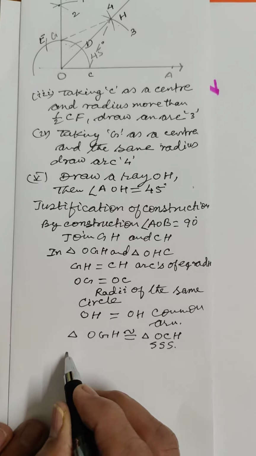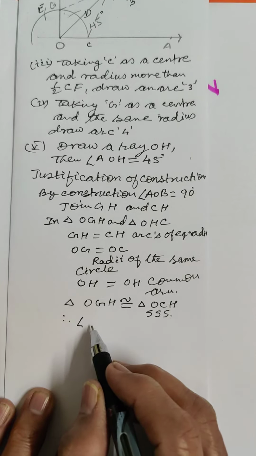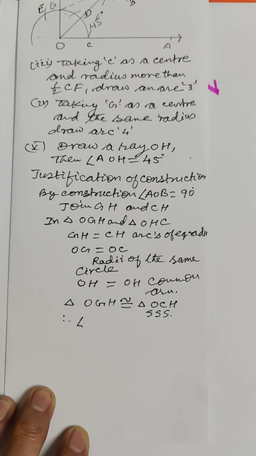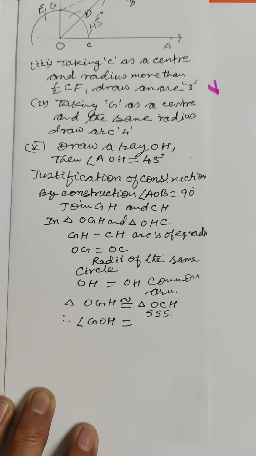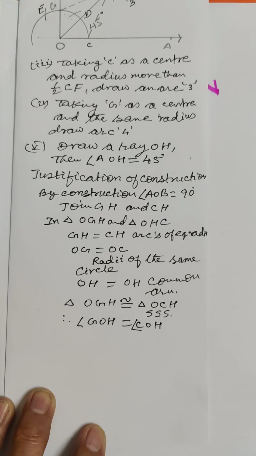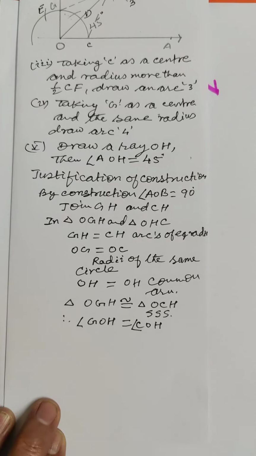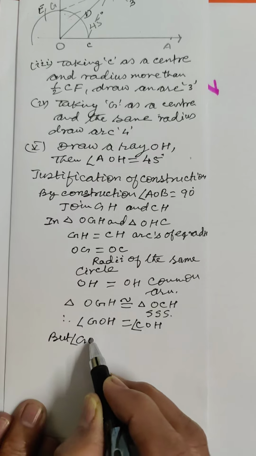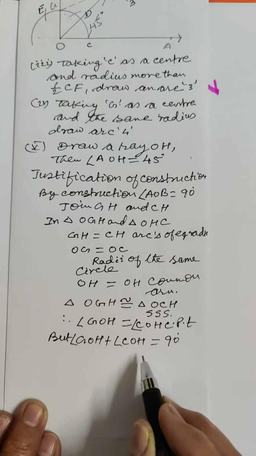Therefore, angle GOH is equal to angle COH by CPCT. So angle GOH plus angle COH is equal to 90 degree by construction.